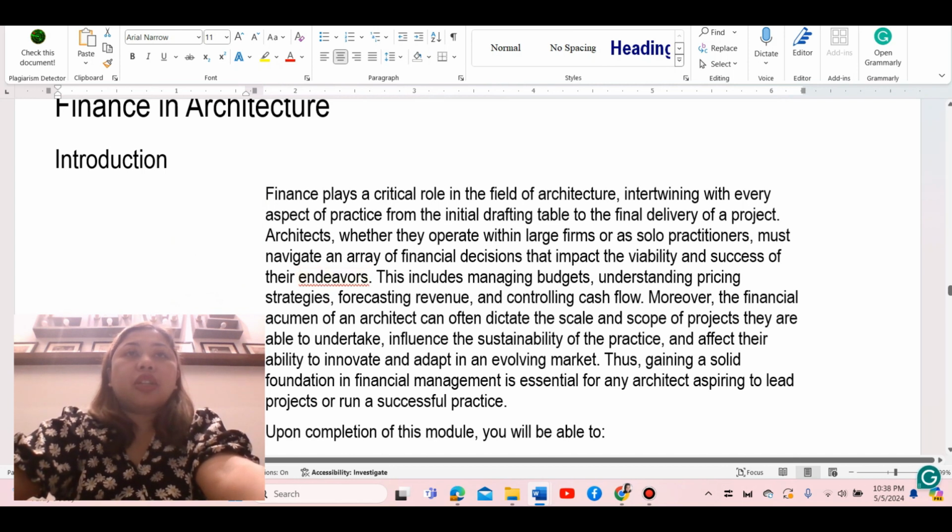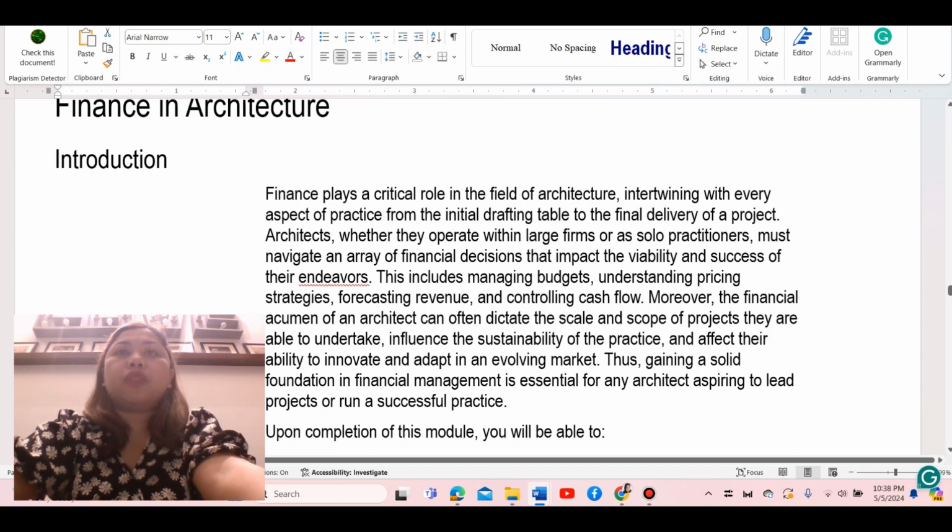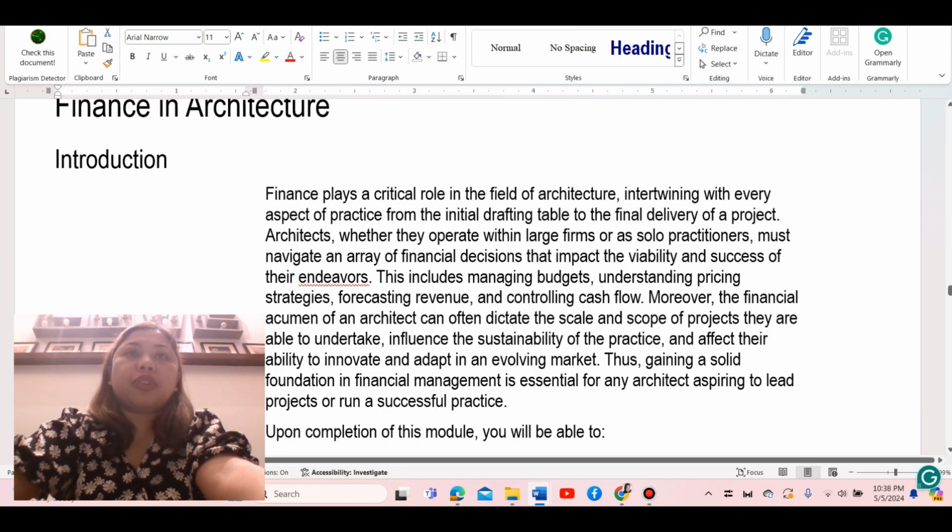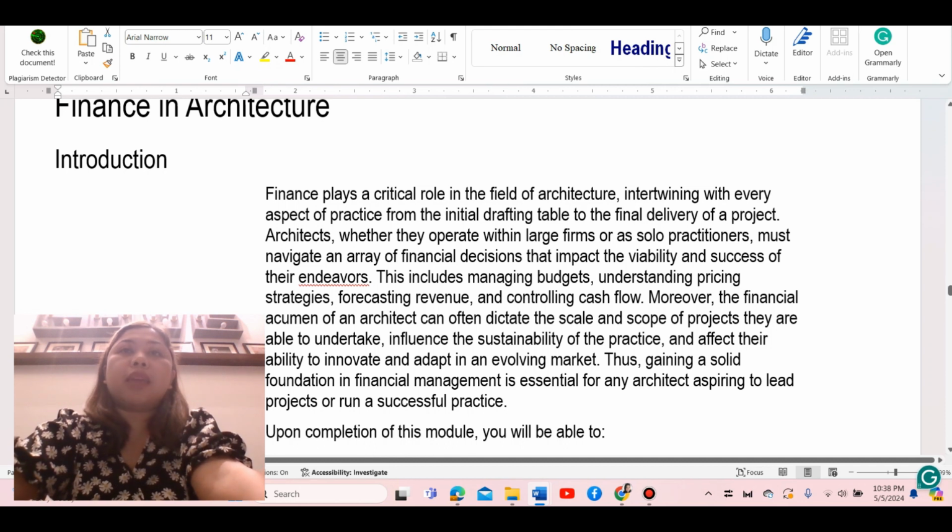For the introduction, finance plays a critical role in the field of architecture, intertwining with every aspect of practice from the initial drafting table to the final delivery of a project.